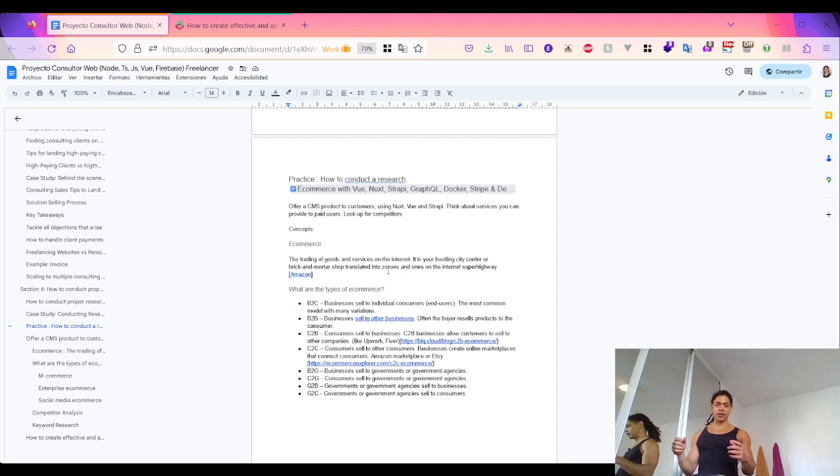And business registration, like the US has the SBA, the Small Business Administration, or Companies House in the UK.